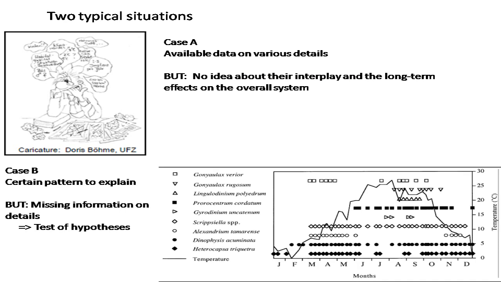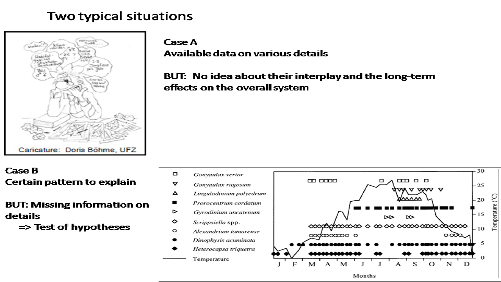Case B is you see a particular pattern and you want to understand what's happening to the system that's creating that pattern. You have missing information though on the details. What you have is a general pattern. So the modeling can now be a way of testing different mechanisms or factors that actually lead to that pattern.